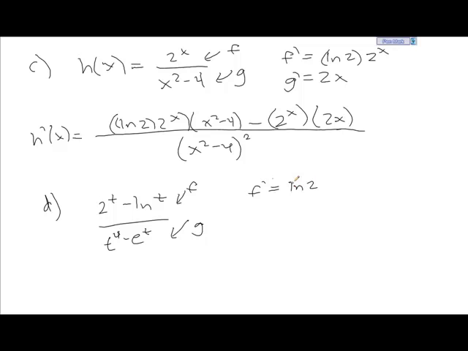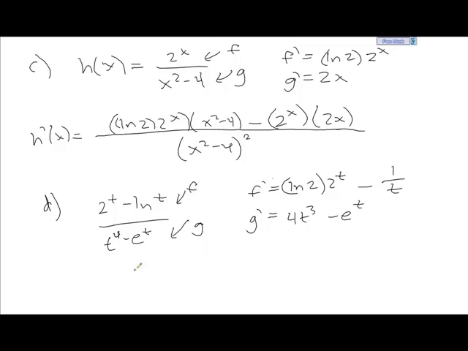So we'll have ln 2 times 2 to the t minus 1 over t. I'll just jump to the simplified form, and you can look back at the previous problem to see how we found the derivative. And g prime is 4t cubed minus e to the t.